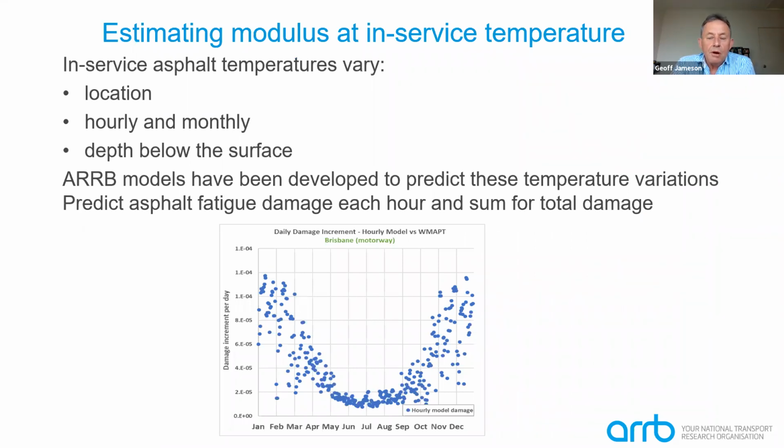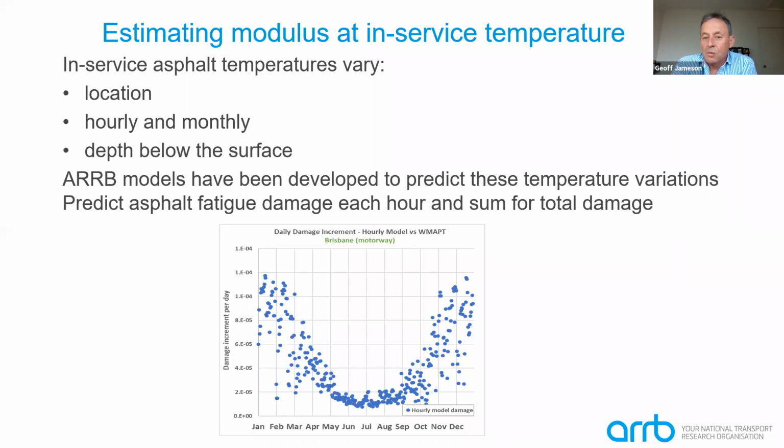So in terms of temperature, of course it varies. Temperatures vary between locations, say Melbourne or Brisbane or other cities, and also the temperatures vary from month to month and also hourly and also with depth. So it's quite a complex situation.